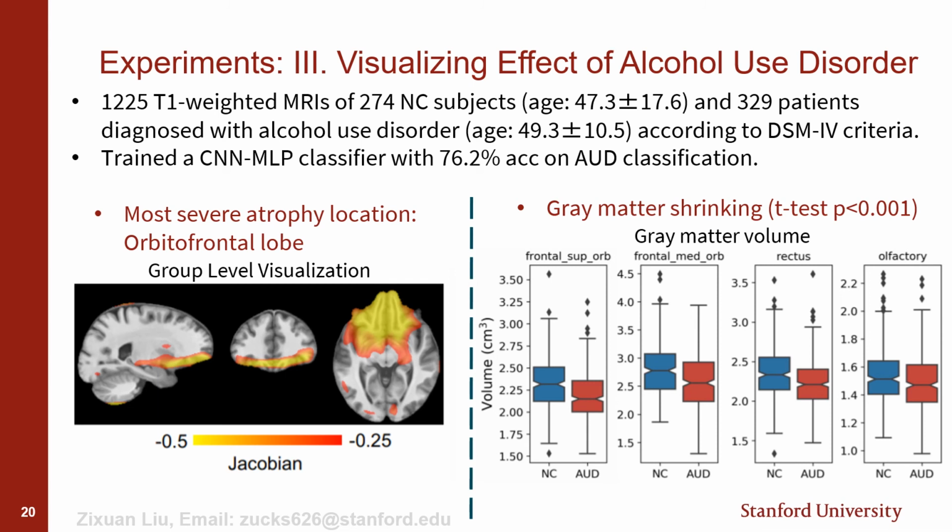With age and gender as covariates, we can see all 4 ROIs, superior and medial frontal orbital gyri, the rectus, and the olfactory gyrus, have significant differences in gray matter volume. Both of them are shrinking. These results are also consistent with recent medical research results.